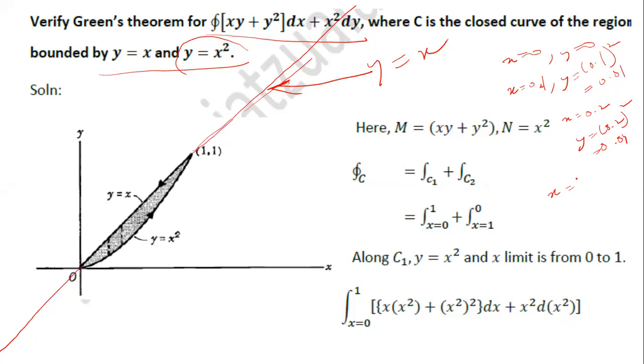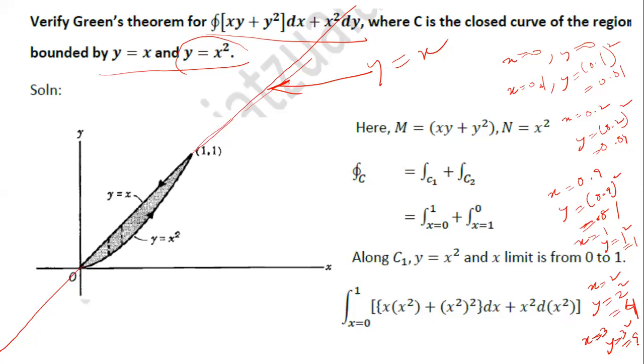When x value is 0.9, y value will be 0.9 square, 9 times 9 is 81, so with the decimal point this will be 0.81. But when x is 1, y will be 1 square, which is 1. When x is 2, y will be 4. When x is 3, y will be 9.